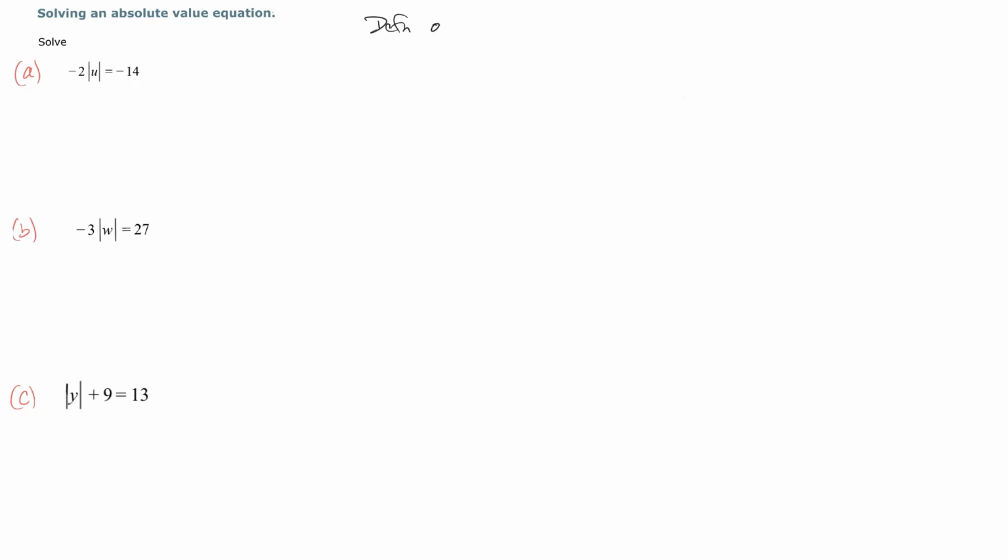Definition of the absolute value of x. It's actually a case-by-case definition, which really helps the logic for a computer scientist.